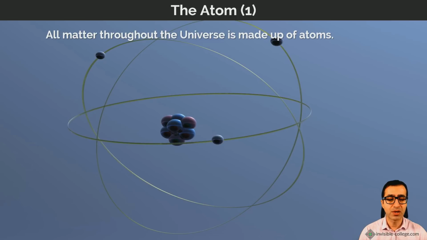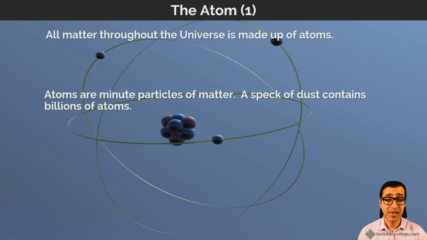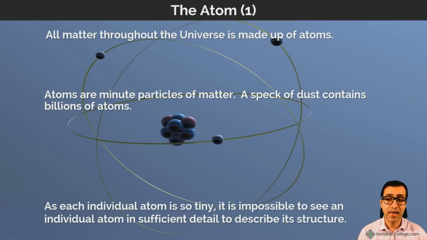Now, you need to have a general sense of the size of atoms. Atoms obviously will vary in size, depending on which element you're talking about. But atoms are minute particles, and to give you an idea, a speck of dust contains many billions of atoms. And individual atoms are way too small to be seen under an optical microscope.